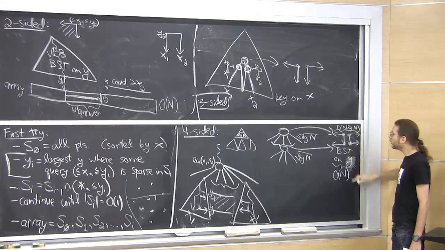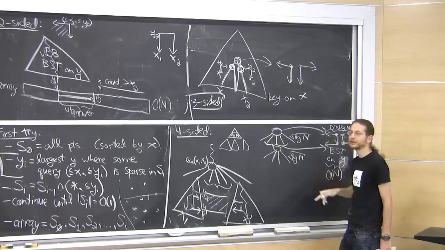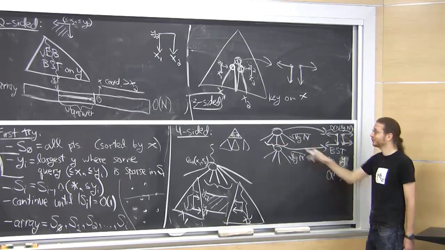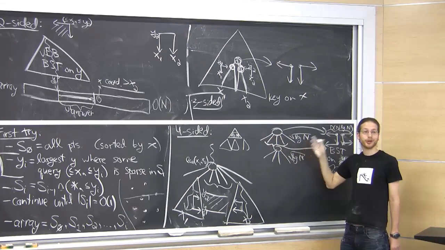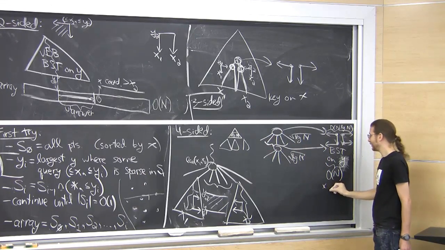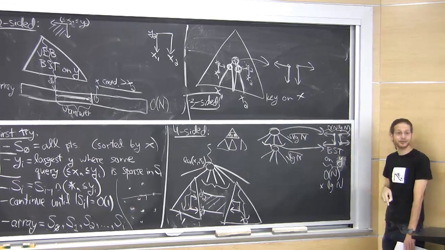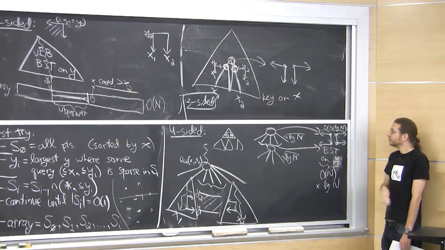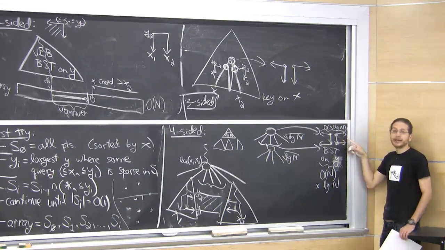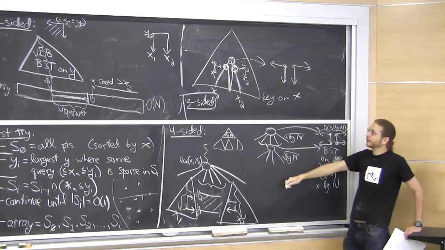Then I need actually a whole bunch of these structures because this was for every interval. But conveniently, there are only log n intervals because there's root log n children. So root log n squared is log n. So there's root n, but then we need log n of them. And so that's why these things balance out, as you see. Normally, this would be n log squared n, because every point would appear in log n trees.